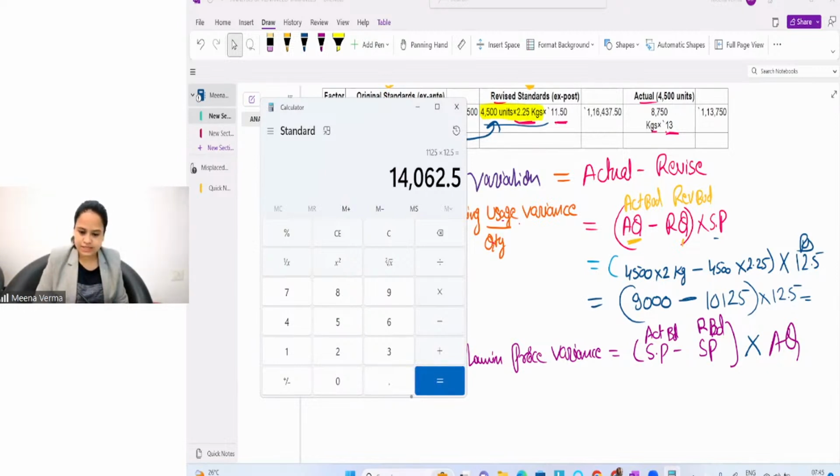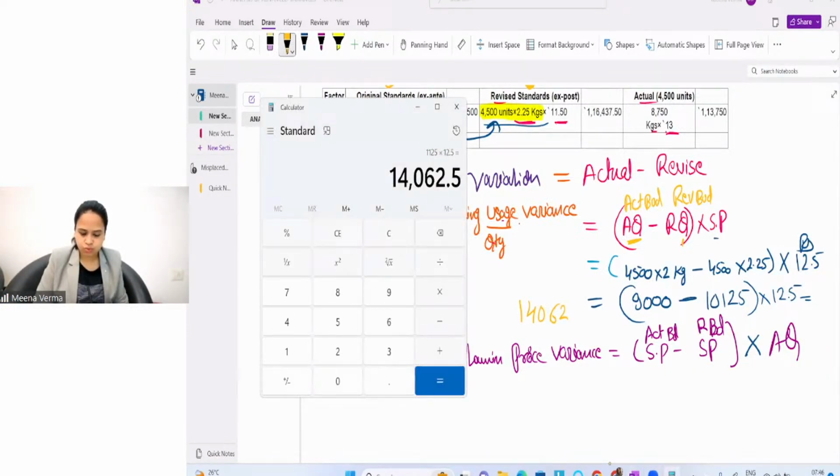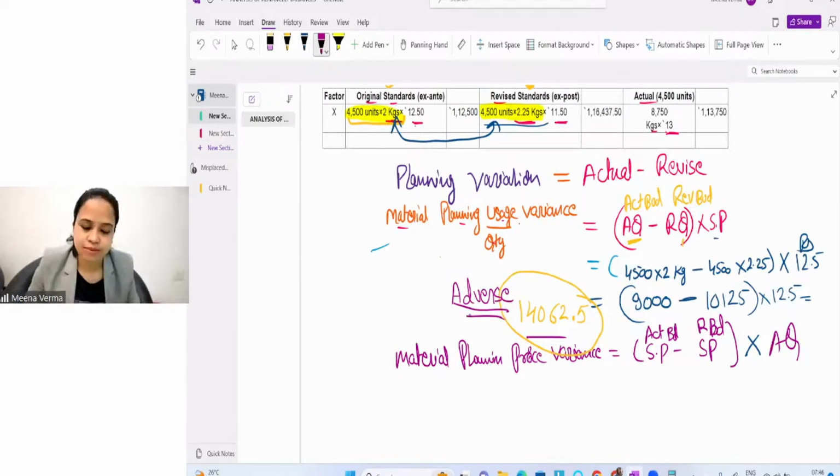So if I solve it, I'll get 14062.5. This is an adverse variation. This is coming as your planning variation, not good.